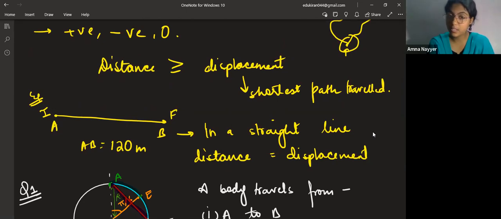Statement-based questions in NEET can be asked on displacement and distance. Statement-based questions as in, suppose it asks: can displacement and distance be equal? Can displacement be greater than distance? Can distance be negative? Such statements will be given. You have seen statement-based questions have increased, especially in last year's question paper, if you check.